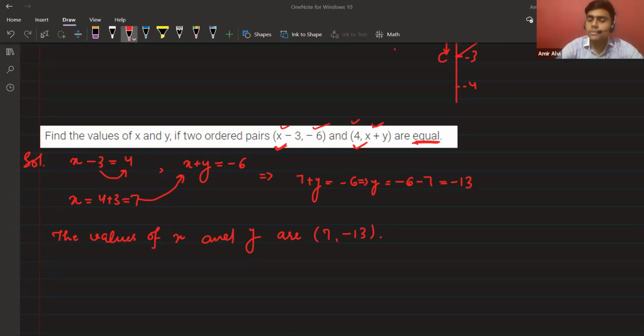I'm saying that if there is any doubt in any topic from RD Sharma or NCERT, write it down in your notebook and let me know in the class whenever we have our class. Okay, that's great. So dear, let's end this class here.